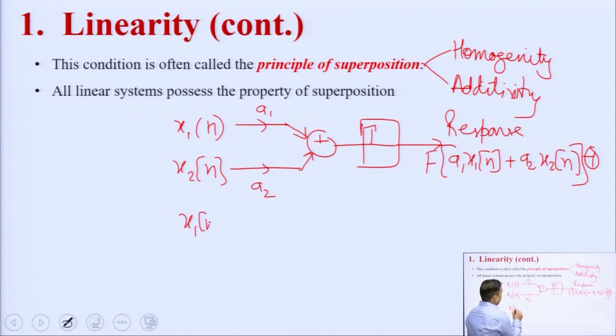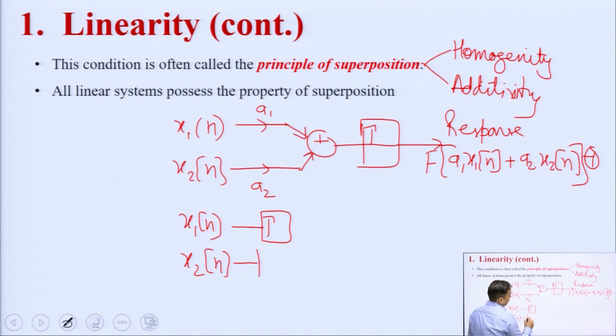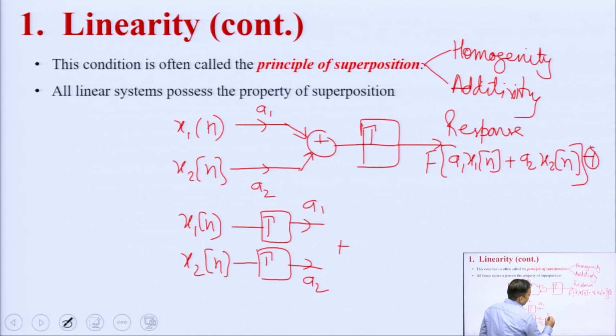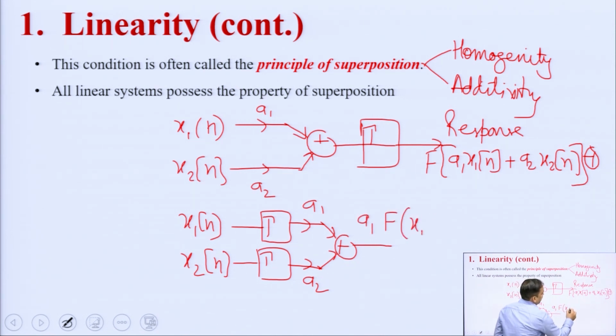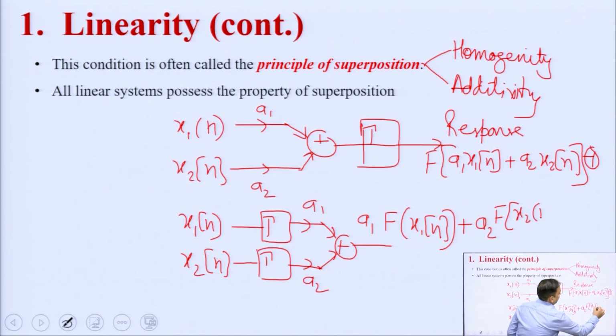We apply the system first, and after that we use the homogeneity a1 and a2, and perform the summation. So we get a1 times the system response to x1[n], plus a2 times the system response to x2[n].